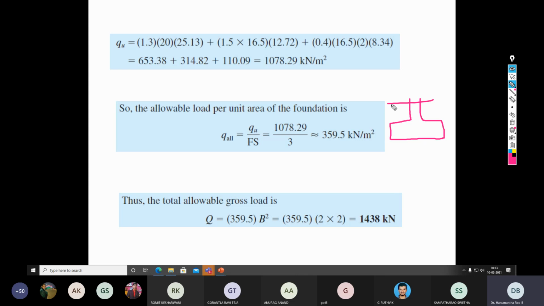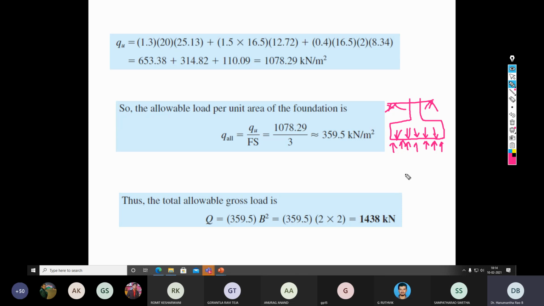Here, one important thing is that this is the footing, which is located below the ground surface. Now there is soil beneath it. The load is coming from the footing, and simultaneously the load resistance is also offered by the soil.